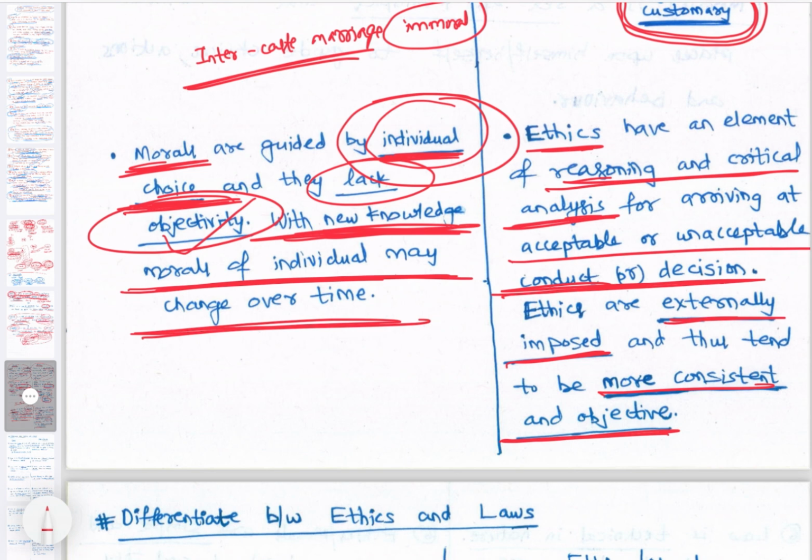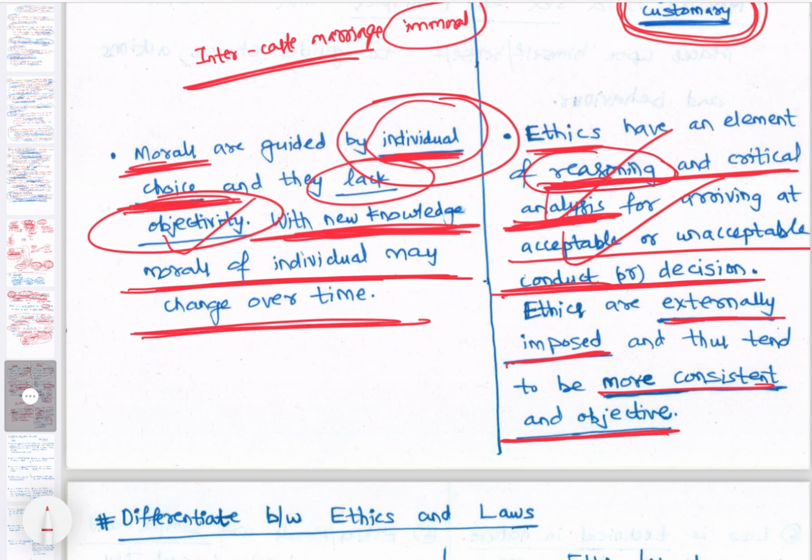See, if people in rural areas are considering alcohol as unethical and set a standard, why? Because they have seen people in the past who consumed alcohol and destroyed their life. So ethics have an element of reasoning and critical analysis for arriving at acceptable conduct or decision.